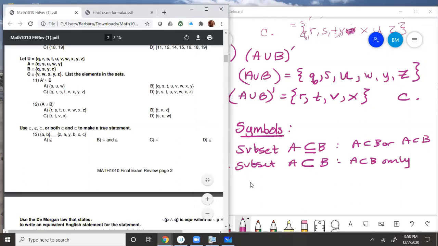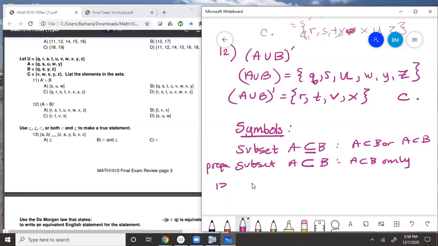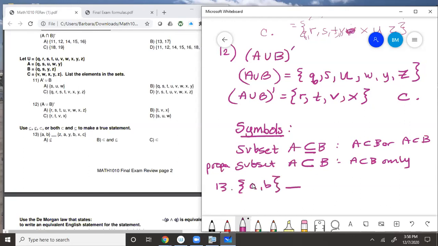So let's look at problem 13. We have A and B in a set. We want to know whether it's a subset or a proper subset or both. Is A and B part of the subset on the right? Yeah, because there's A and B. Now, is it a proper subset?